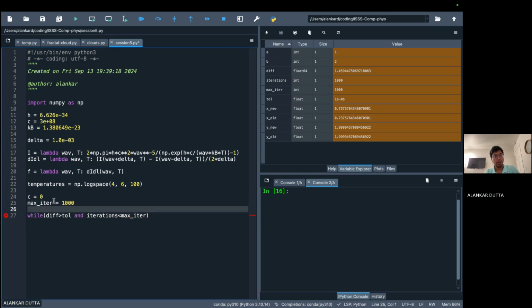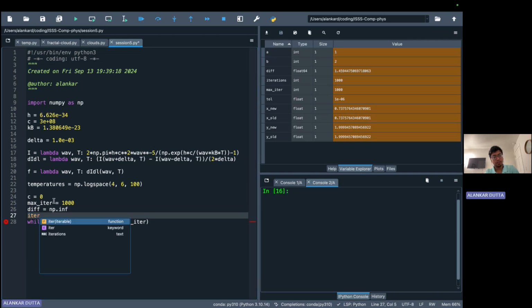Our difference is np.infinity to start with, and our iterations equal 0.